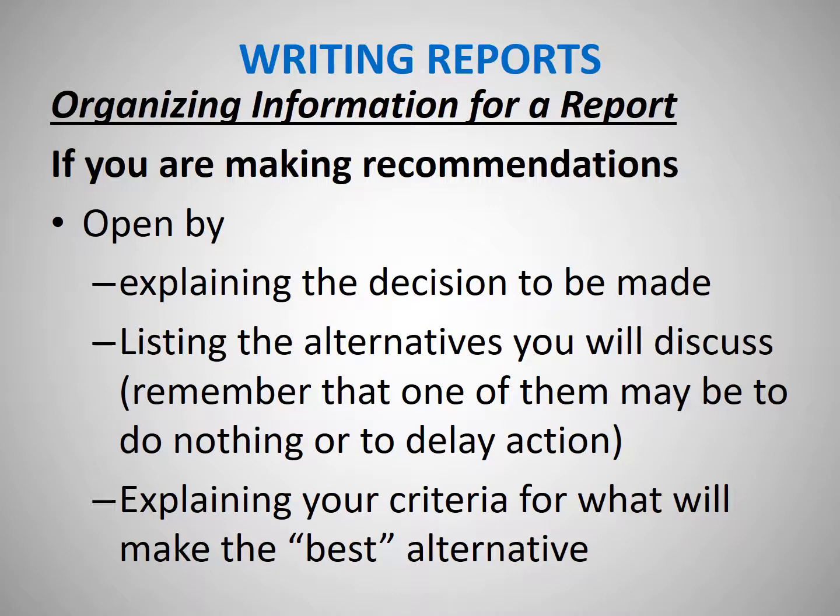Sometimes people ask for recommendations about what to do, and your answer is going to be don't do anything, or don't do anything right now to delay action, based on what you learned through your research. But once again, what we're talking about here is organizing in such a way that you clearly describe to me what the problem is or what decision has to be made, and then you tell me what alternatives for how to solve the problem you're going to discuss.